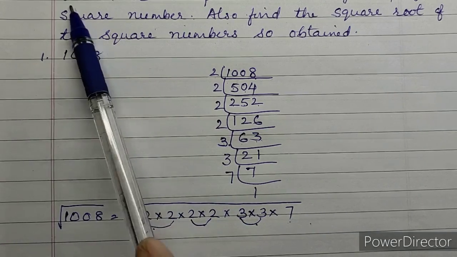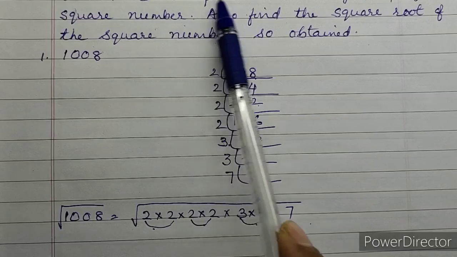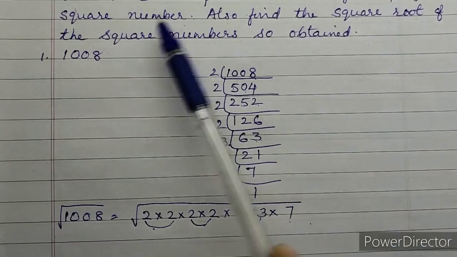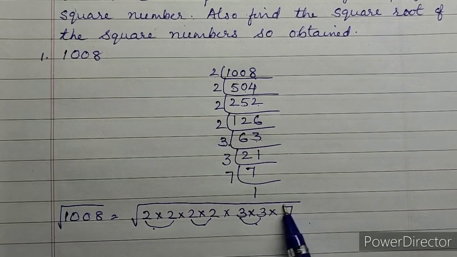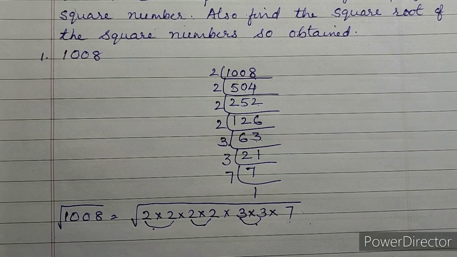So what was the question? Find the smallest whole number by which the number should be multiplied so as to get a perfect square number. Here one 7 is extra. If you get one more 7, you can pair it. So what will be the answer? The number 7 you have to multiply. That is the answer.